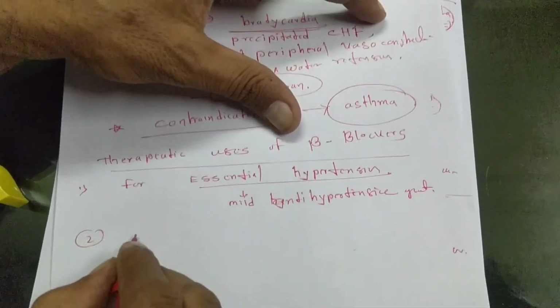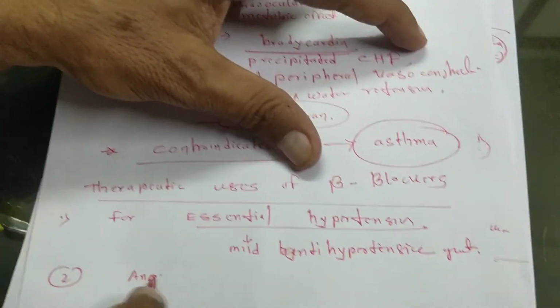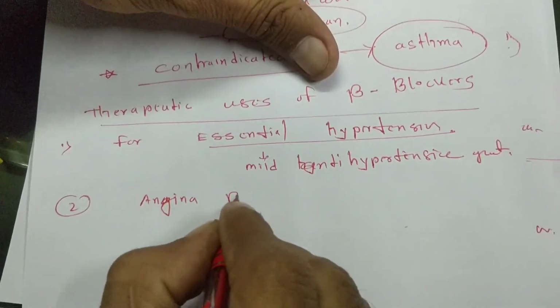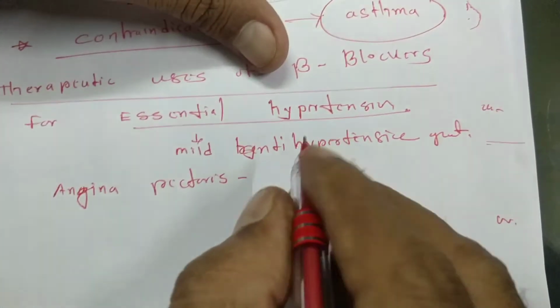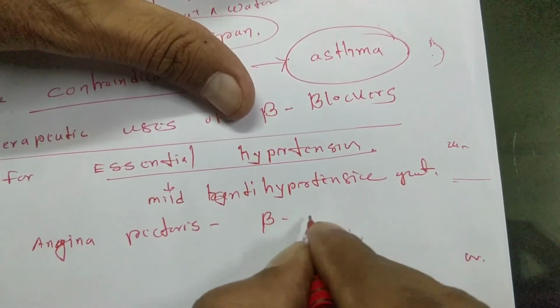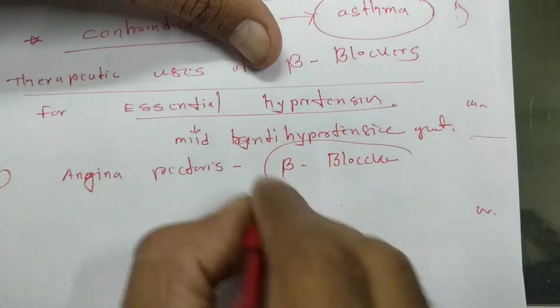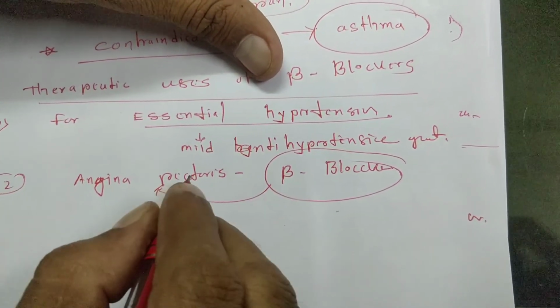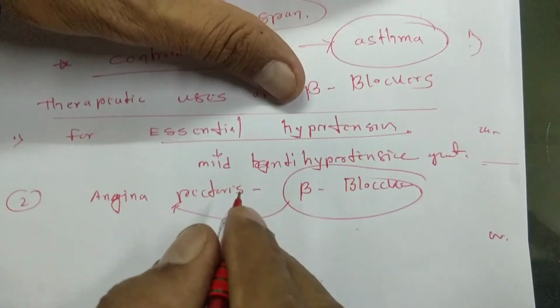It is used for angina pectoris. Beta blockers are commonly used in the treatment of angina pectoris because they block the beta receptors.